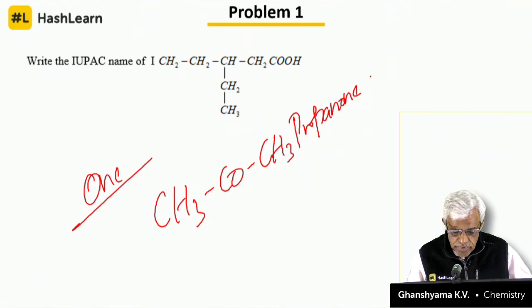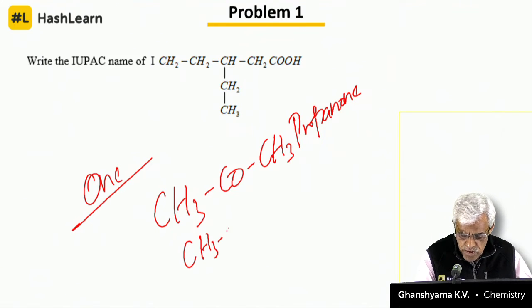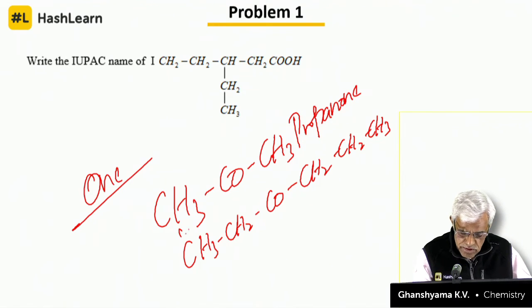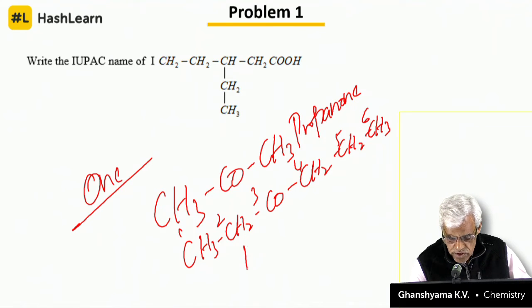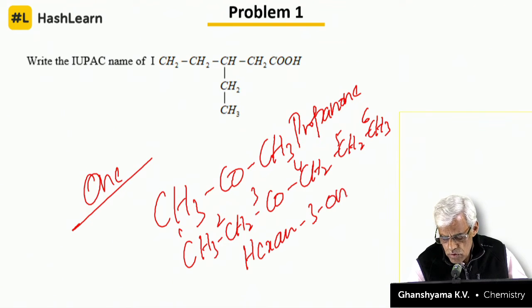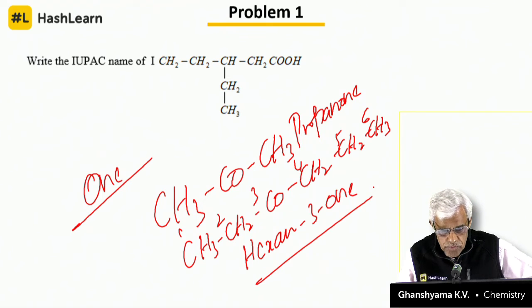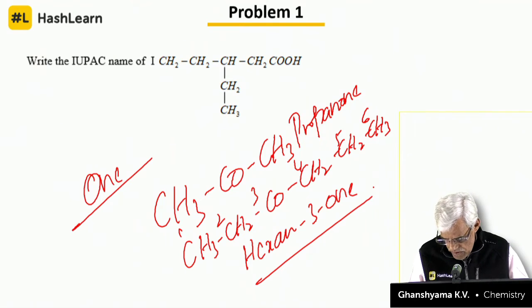Next, CH3CH2COCH2CH2CH3, 1, 2, 3, 4, 5, 6, is hexan-3-one.